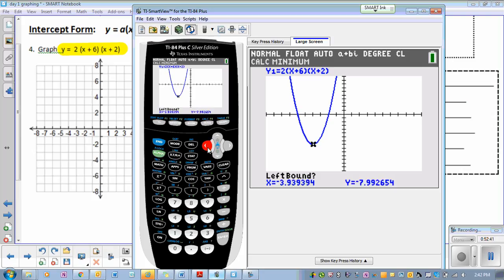From here to the left, 1, 2, 3, 4, hit enter. Go back, and then to the right, 1, 2, 3, 4, hit enter. Enter again. Nice. -4, -8.